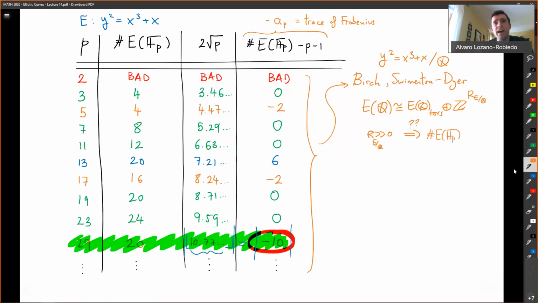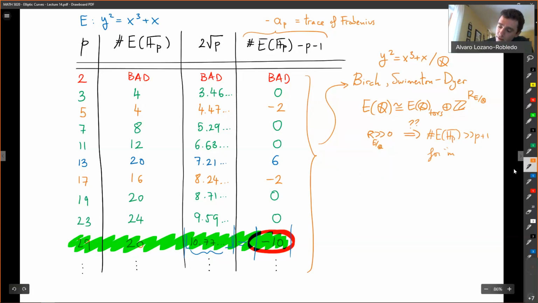How large? Well, Hasse tells you what the bound is, but is it true that this is very often bigger than P plus 1? And they started studying that, or not for all the primes, but maybe for many primes.